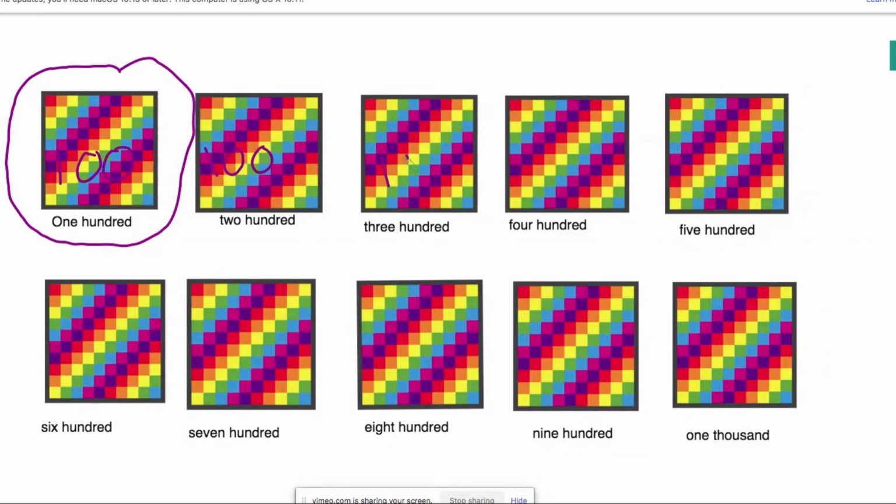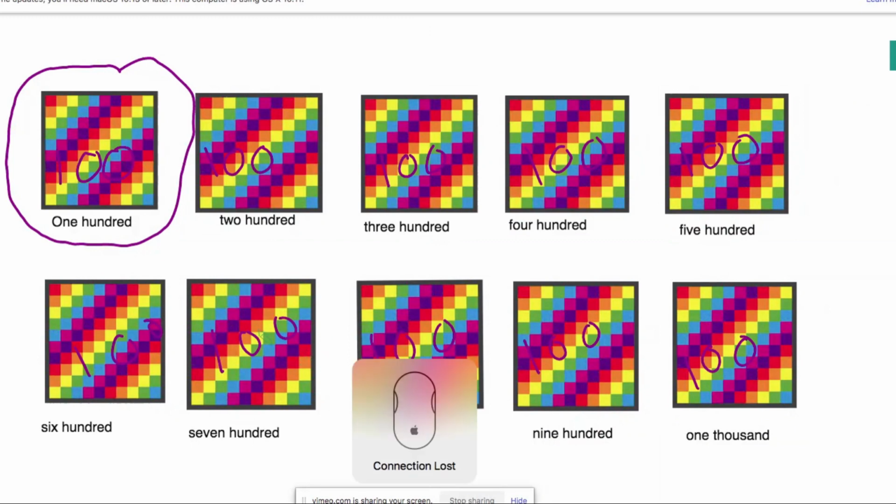And that's because if you had the time and you wanted to count all of these beautifully colorful squares, then you would find out that in each of them, they contain 100 squares. Okay, so I'm just going to quickly finish off writing 100 in each of these. So we remember that the value of each of these squares surrounded by black is worth 100.